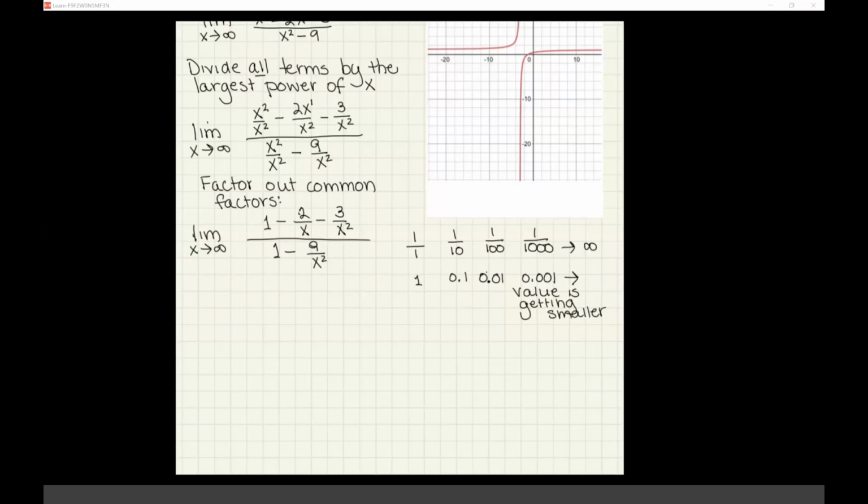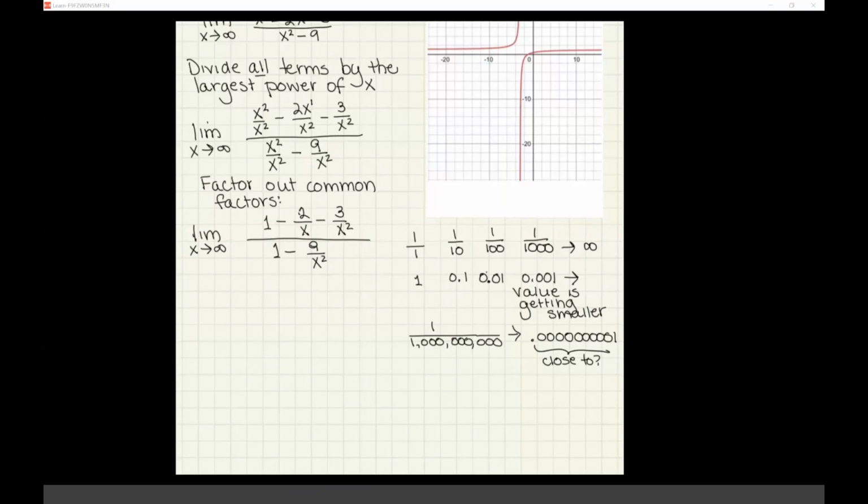Okay, so if you have something like one over a billion, what is this number close to? 0.000000... What is that close to? It's a really small number.